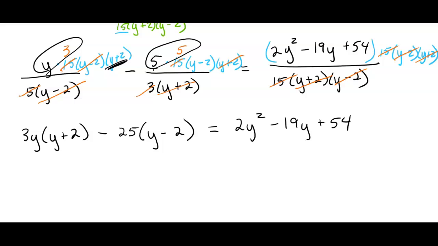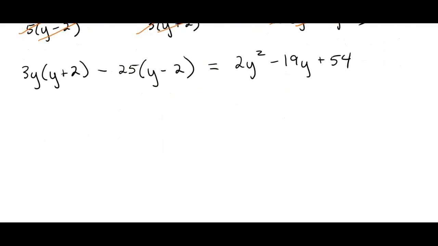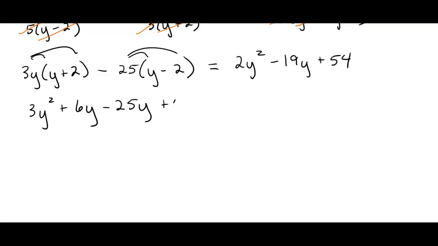So, okay. A little more work to do. It looks like it's going to be a quadratic equation. I'm going to distribute here and get 3y squared plus 6y. I'm going to distribute here. Now that's a minus 25, so it'll be minus 25y plus 50. And then on the other side, I have 2y squared minus 19y plus 54.